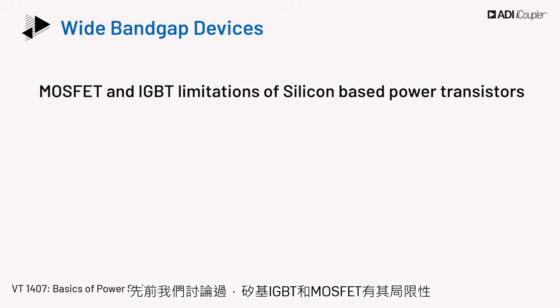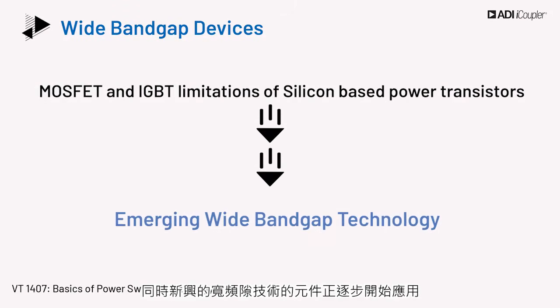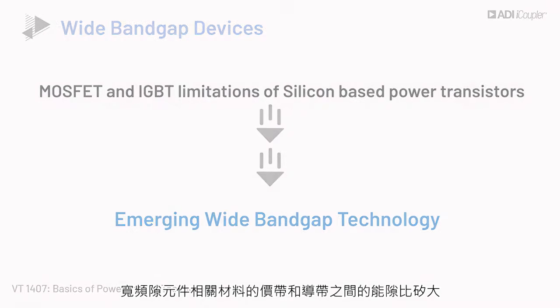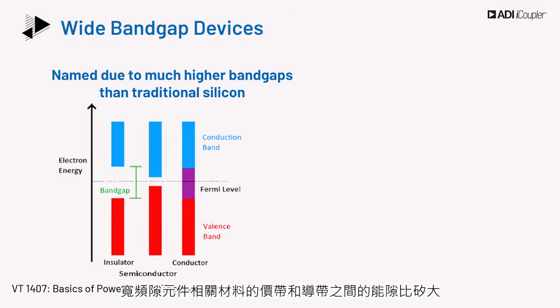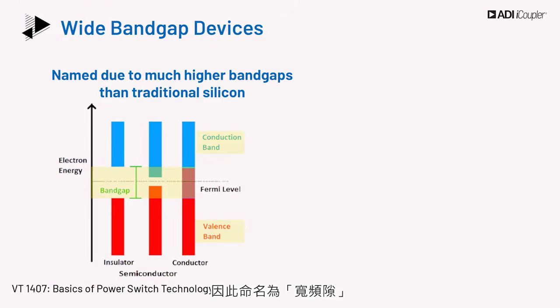Earlier, we discussed that silicon-based IGBT and MOSFET have their limitations, and that devices with emerging wide bandgap technology are finding application space. The wide bandgap devices are named based on the larger energy gap between the valence band and the conduction band of these materials compared to silicon.